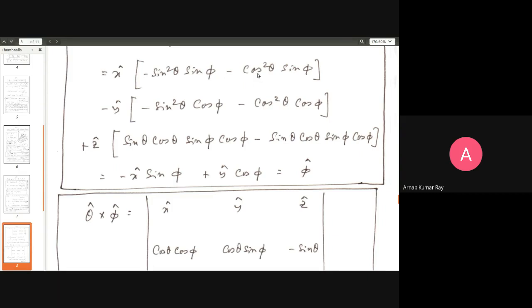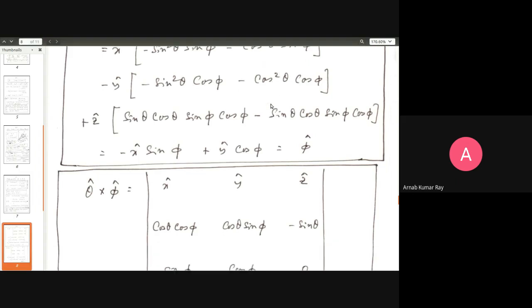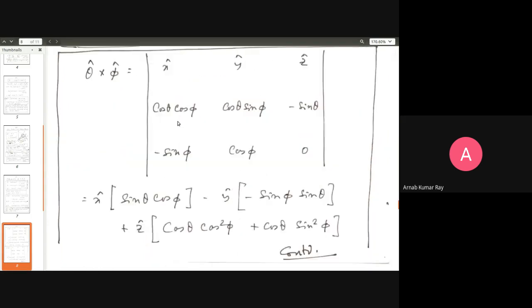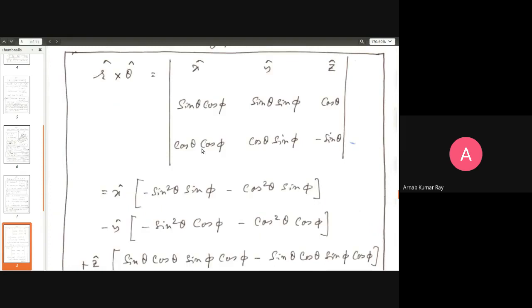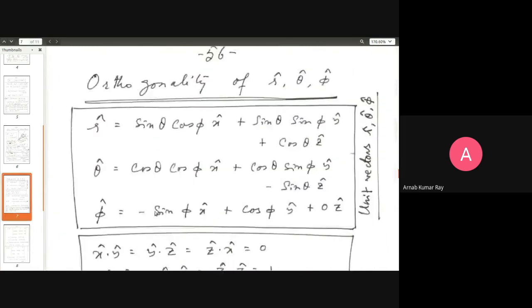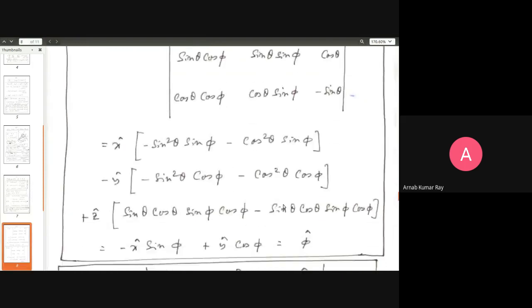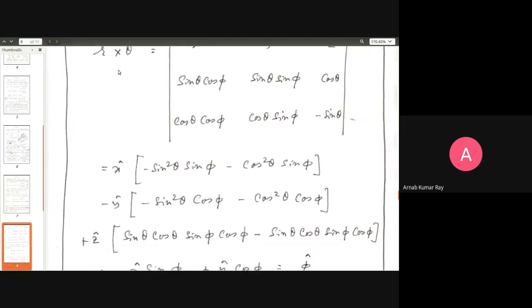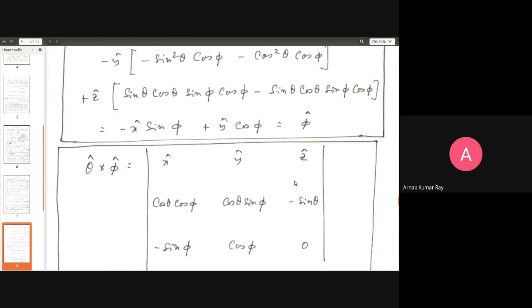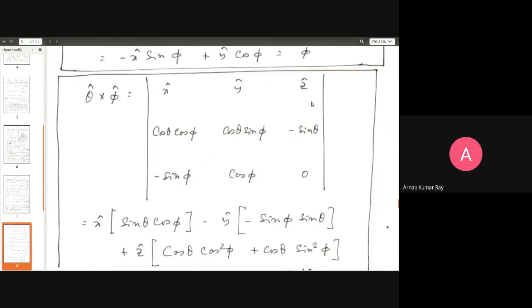That's 1. Similarly, minus cos phi is a common factor, and you have sine squared theta plus cos squared theta, which is also equal to 1. And this minus cos phi into minus y will give you plus y cap. If you go by the definition here, minus sine phi x cap plus cos phi y cap, this thing is equal to phi cap. So you have already shown that r cap cross theta cap is equal to phi cap.